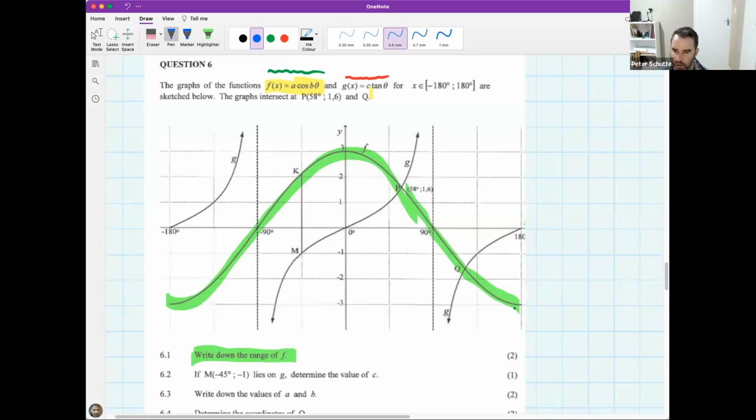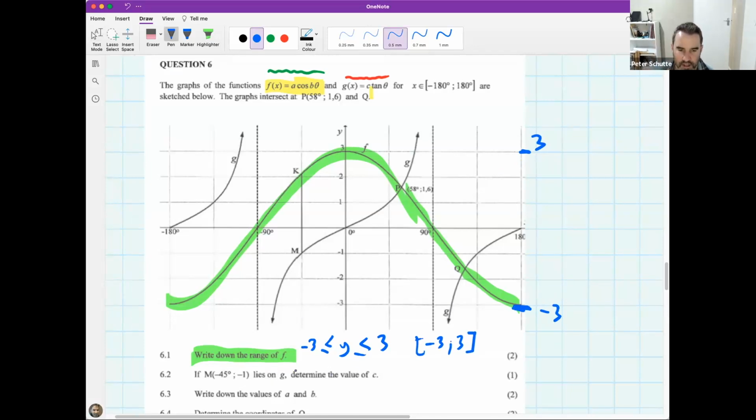So it looks to me like that's the lowest value it gets to, which is -3. And up here is the highest value, which is 3. So the range has to be y is greater than or equal to -3, less than or equal to 3, or you could write it like that. Okay, so that's not so bad.